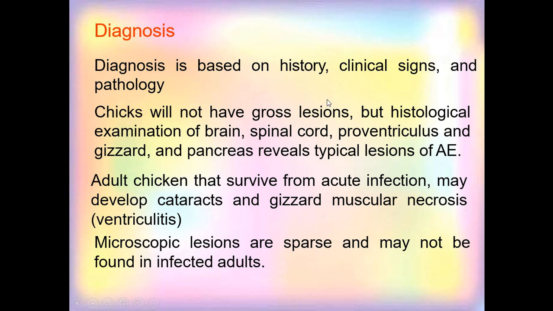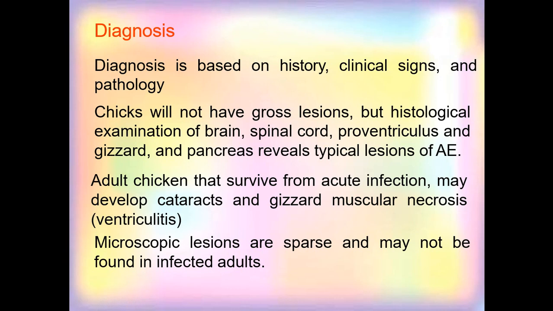Diagnosis is mostly from the clinical signs and of course also from pathology. In the chicken, the gross lesion is mainly located in the brain and spinal cord, and in some cases can also be seen in the proventriculus, gizzard, and pancreas, but not consistently. Therefore we look in particular at the brain and spinal cord.